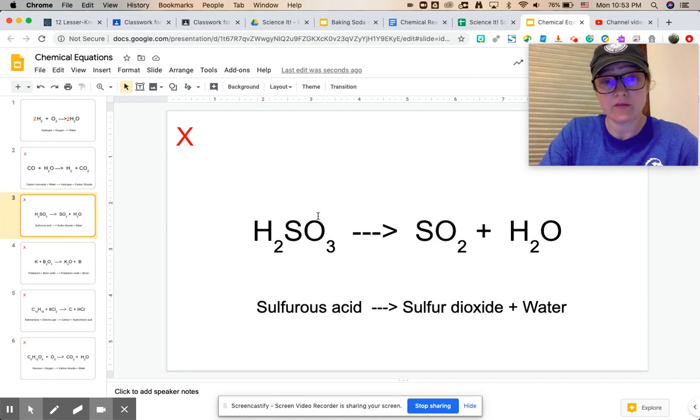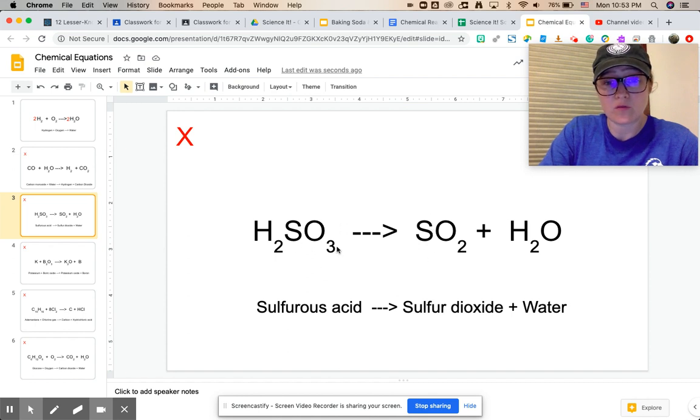So here we have sulfurous acid, H2SO3, and with some energy, that'll break down into sulfur dioxide and water. Okay, so let's look at this. Do we need to do anything to this? Let's start with hydrogen. I have 2 hydrogens here, and I have 2 hydrogens here. I have 1 sulfur atom here, and I have 1 sulfur atom here.